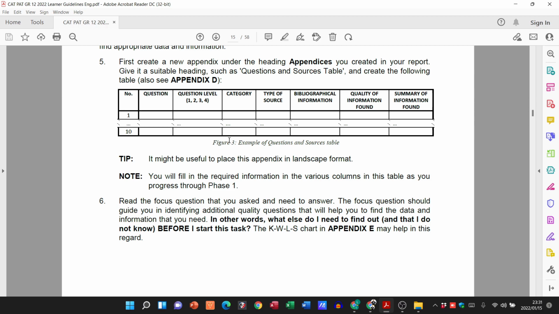Okay. You can also see over here, you'll have your questions, then your question level. A level 1 question would be a very simple, straightforward question like, what color is the wall? Well, the wall is white. Okay, simple question.